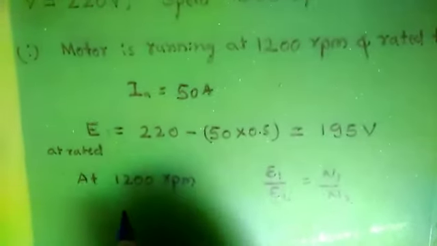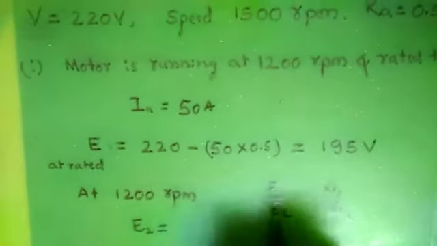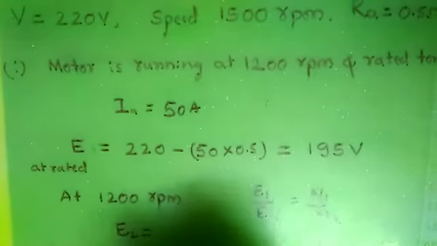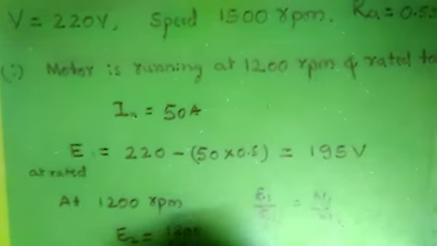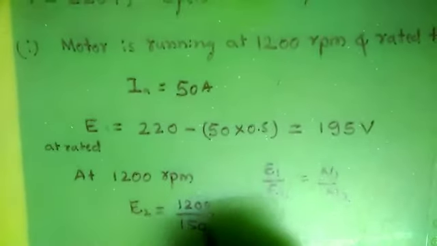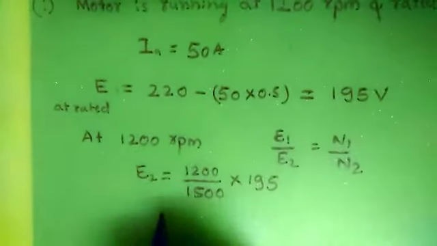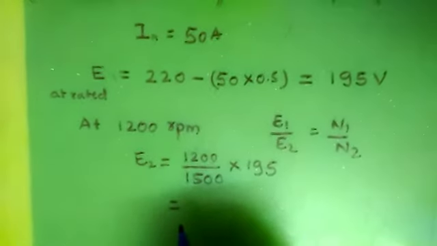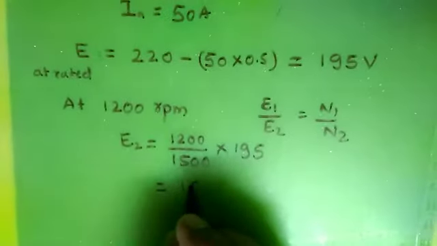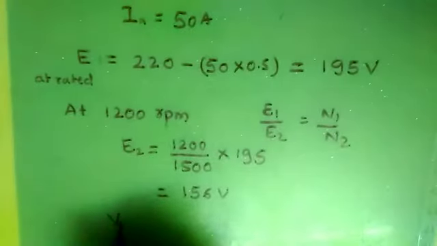So E2 is N2 by N1 into E1, which is 1200 by 1500 into 195. This back EMF E2 for 1200 rpm is 156 volt.